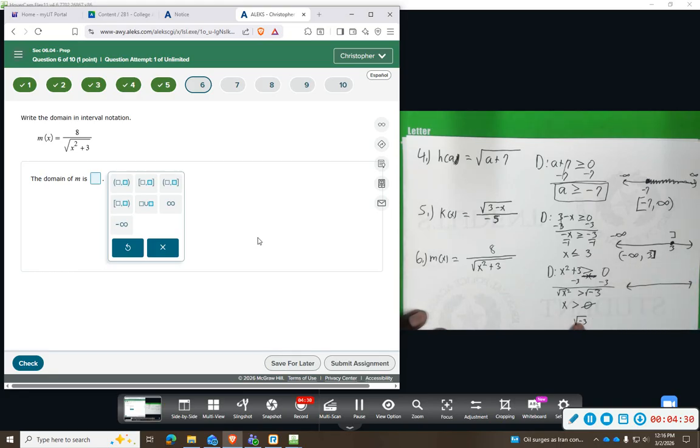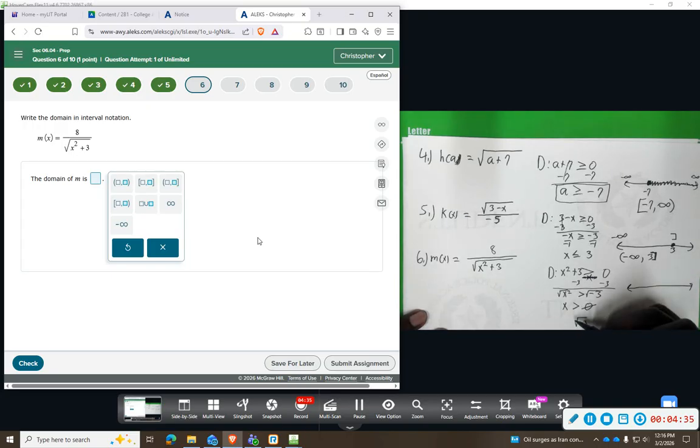If you plug that in for x and you square that, that will give you -3, which will give you 0. So the square root of -3 will be the only number you couldn't use, but you can't take the square root of a negative, so there's no number you can't use.